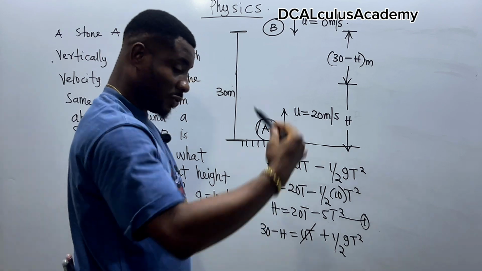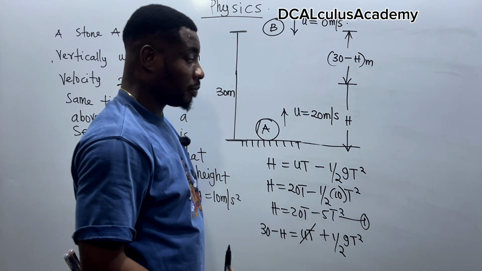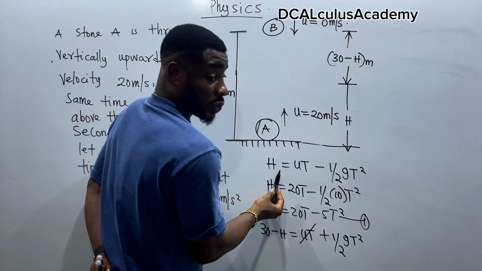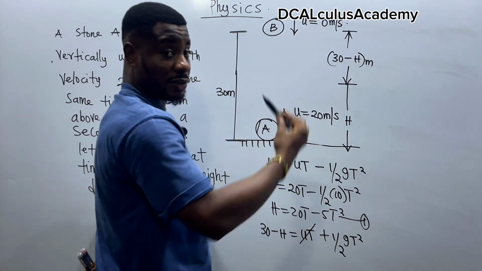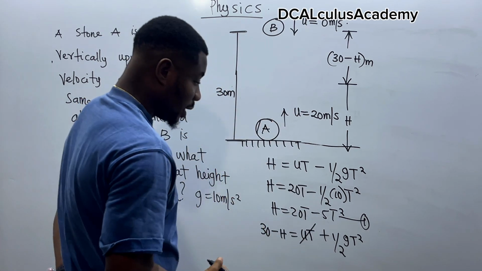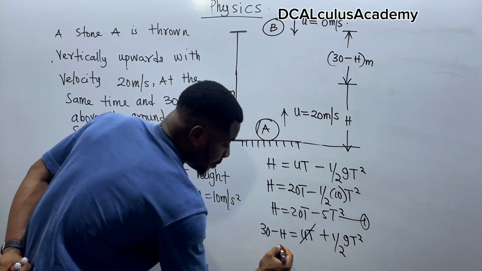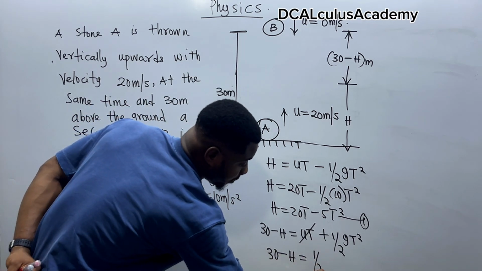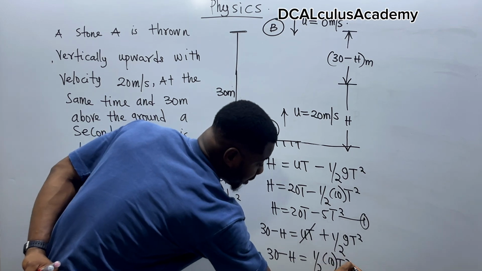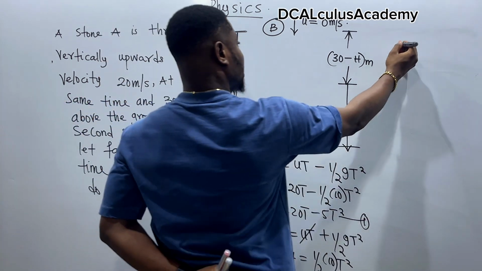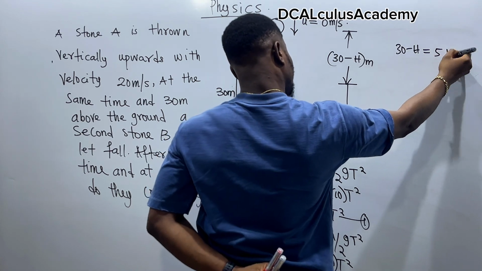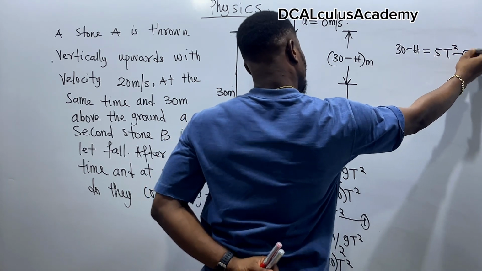When the body is falling down, it is moving with gravity, so we use positive. But for stone A, the body was thrown against gravity, so we use a negative. So we have 30 minus h is equal to half of 10t squared, which is 5t squared. We call this equation 2.